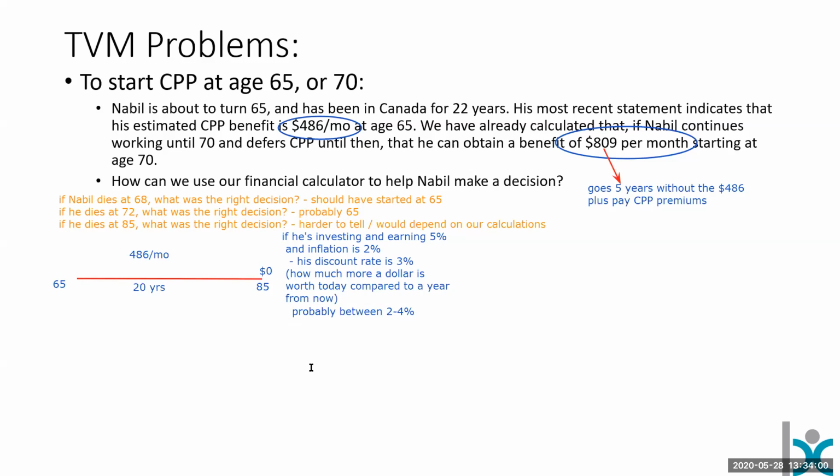Now, let's say that he was carrying a massive amount of consumer debt. So let's say he were carrying thousands of dollars, I don't care how much, of credit card debt, and I know his CPP will go to that. Now, I don't actually know that his CPP will go to that.